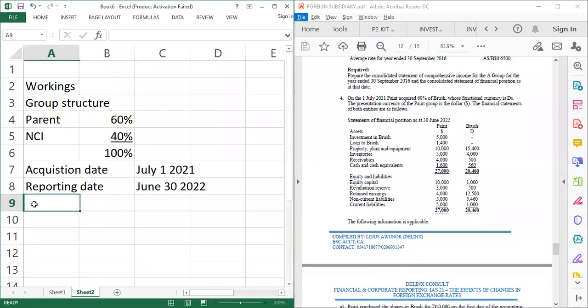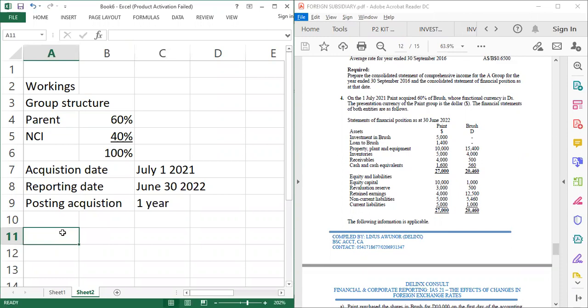So what is the post-acquisition period? The post-acquisition period is the number of years that the parent has control over the subsidiary. How many years? One year.